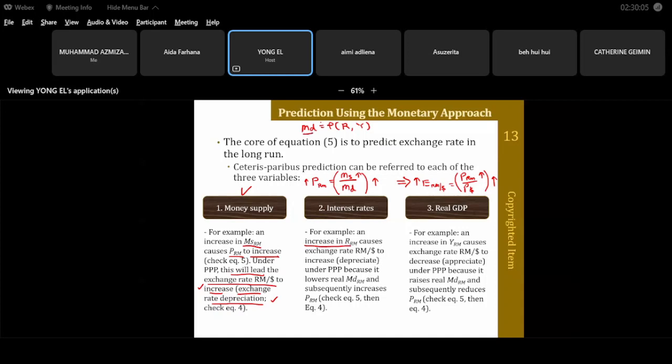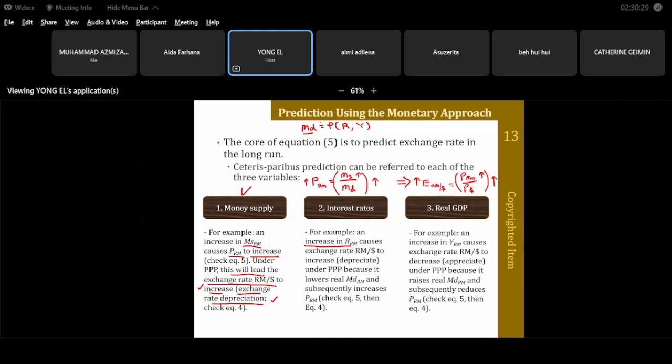But whether it will reduce or increase money demand is something maybe you don't know. Because a higher interest rate will be an attraction for people to deposit money into the bank account because they want to earn more interest return.